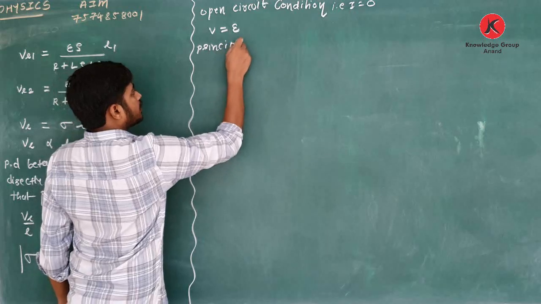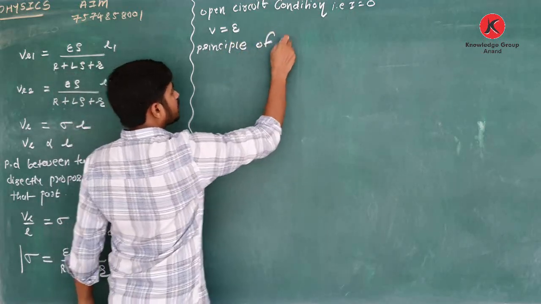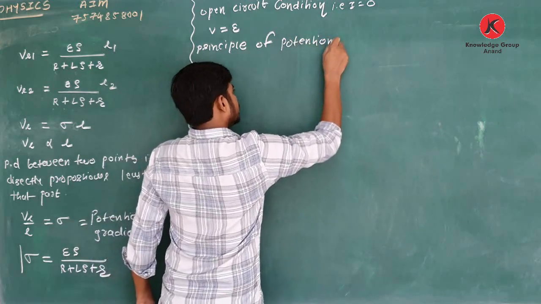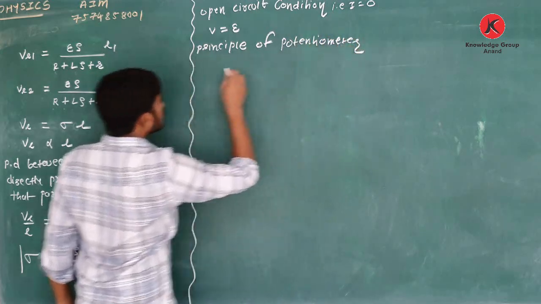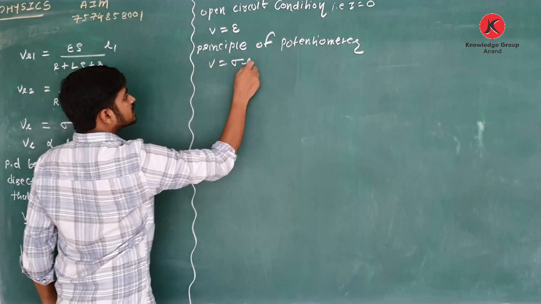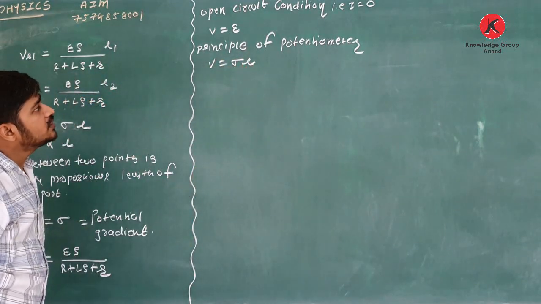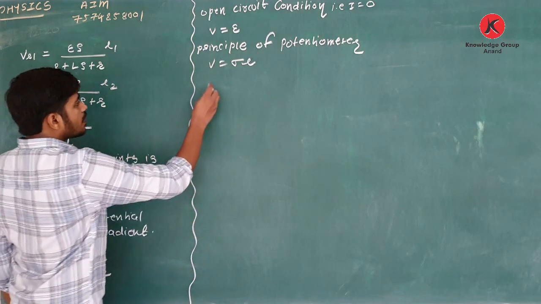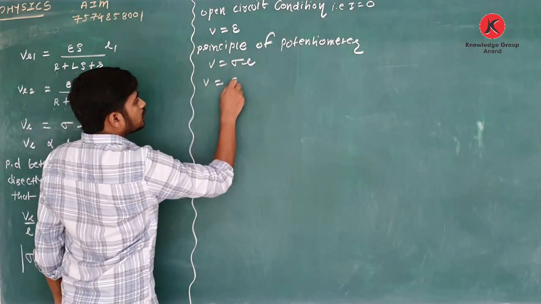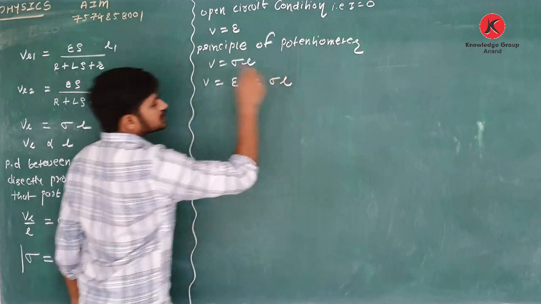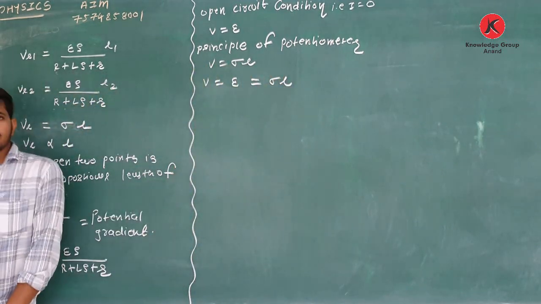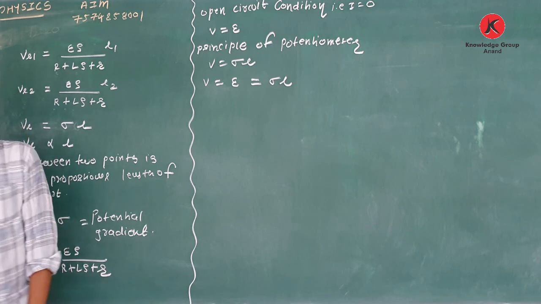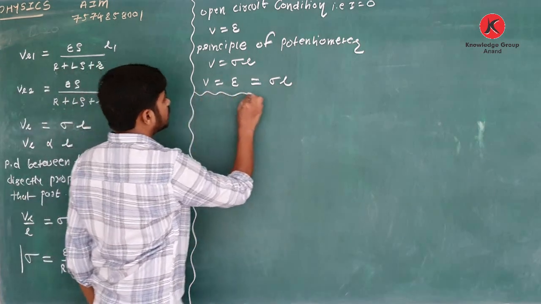The principle of potentiometer is V is equal to sigma L. So if you combine these two conditions, then we can write V is equal to E is equal to sigma L. And now with the help of this, we will see the applications or uses of potentiometer.